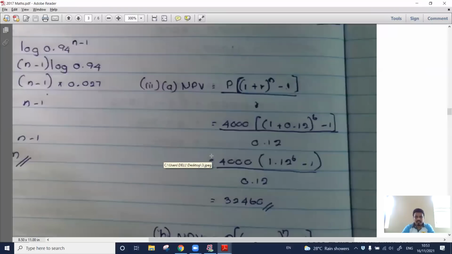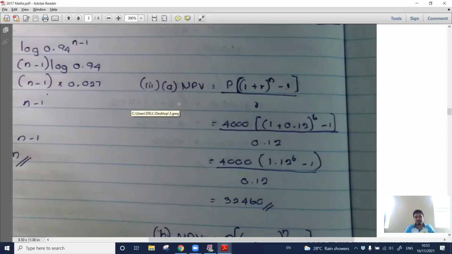So what is the mistake this student has done here? Before looking at figures and formulas, what is the mistake? It cannot be an NPV value.